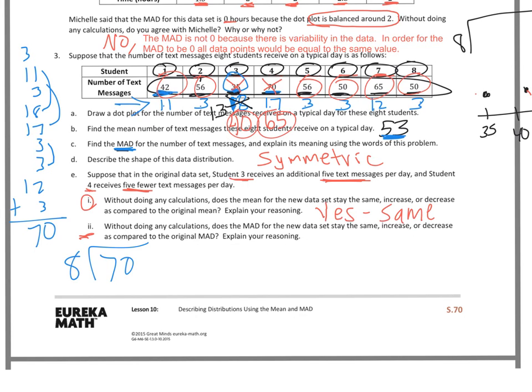And my 70 is not 17 away because now it's 65. It's only 12 away. So actually, my mean absolute deviation is decreasing because my lowest value and my highest value are now getting closer to the mean, which means that my mean absolute deviation is going to be smaller.